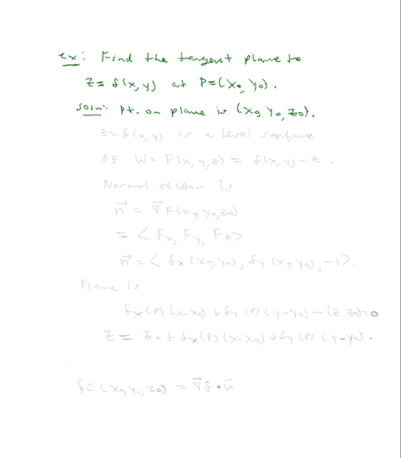Now, to find a normal vector at our point, what we'll do is treat our surface as a level surface of a function of three variables.